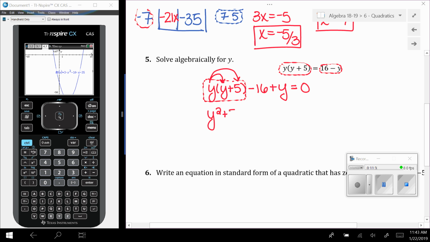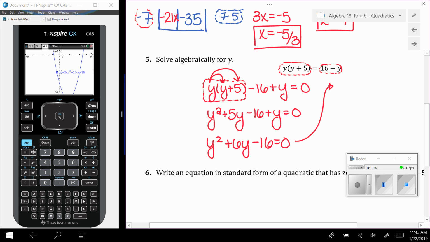So y squared plus 5y minus 16 plus y is equal to 0. And then we get to combine like terms. And then last but not least, we would factor it. You should be able to factor this on your own. You do not need me to tell you how to factor it.